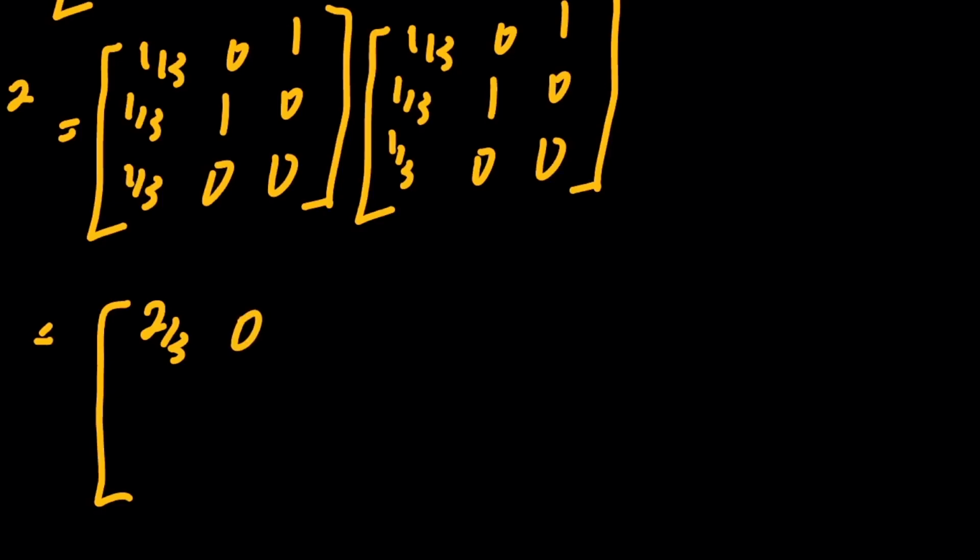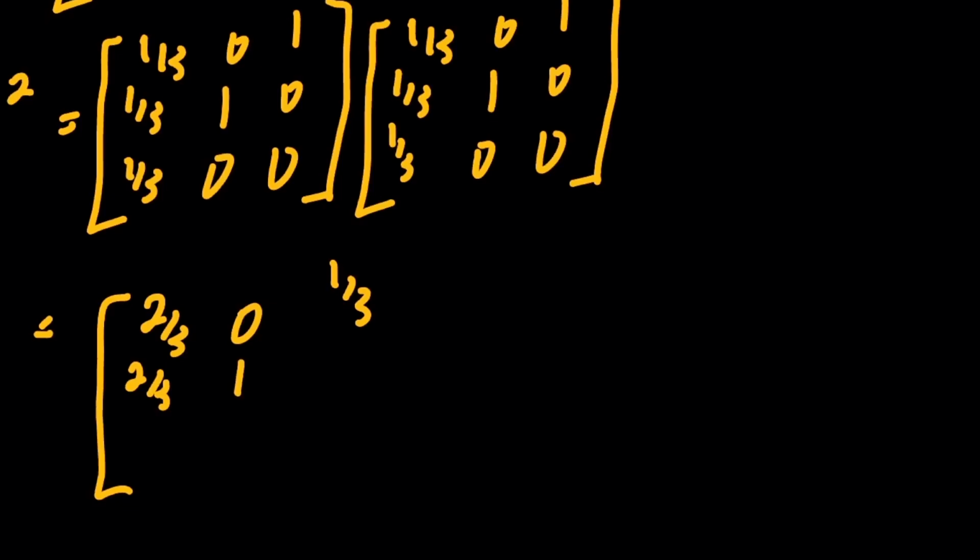And we're going to multiply the first row by the third column, and we get 1/3. Now let's do the same for the second row in the first column, and we're going to get 2/3. We're going to multiply the second row by the second column as well, and we get 1, and then we're going to grab the second row from the first matrix, multiply by the third column in the second matrix, and we get 1/3.